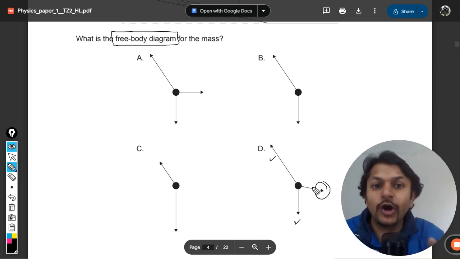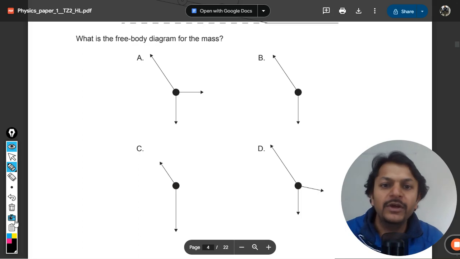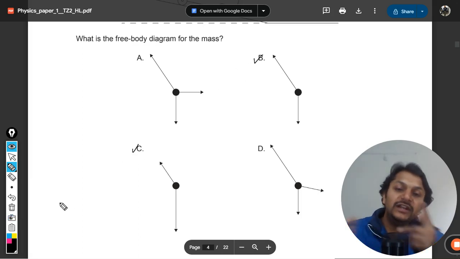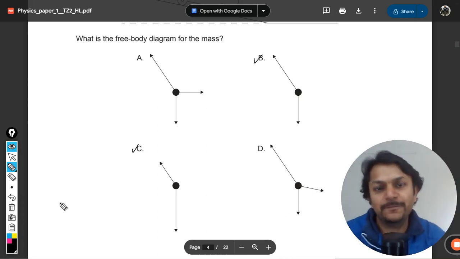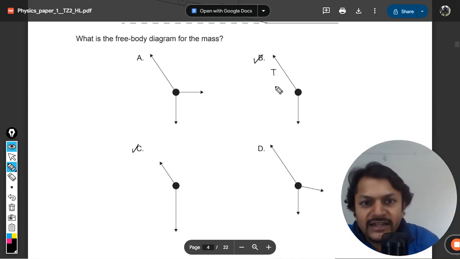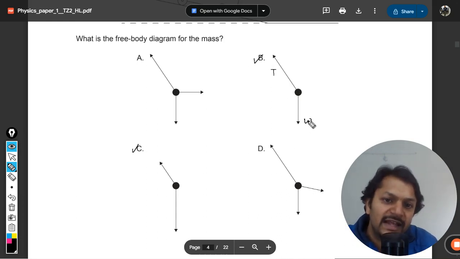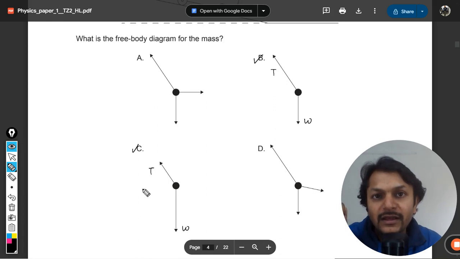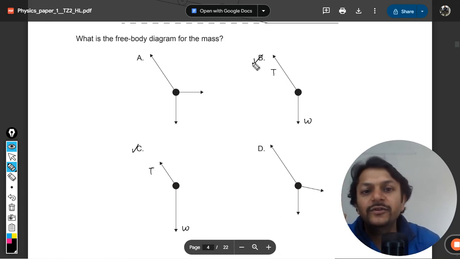But it is not shown in the free body diagram. So clearly the answer will be either B or C, but still we are confused whether it will be B or C. Now, what are the changes here? You can clearly see that the tension is shown bigger and the weight is lesser here. Here, the weight is bigger and the tension is lesser. Clearly, the answer will be B.